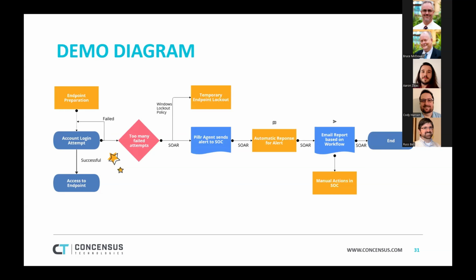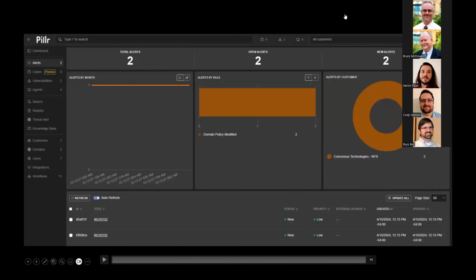Windows itself will, of course, do a lockdown through the lockout policy, but through SOAR, which again is just a methodology, not necessarily a protocol, we'll send this alert to Pillar, and we can automate some responses to that alert to handle it downstream from there. So let's go ahead and show that.